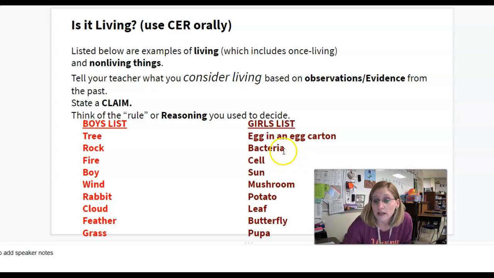A bacteria is living because it's growing. Cells in our bodies are growing, so that would be considered living. And it's part of a cycle, cells are, and bacteria. So 2 out of the 3 of them are living. Excellent. All right, so that's living and non-living.